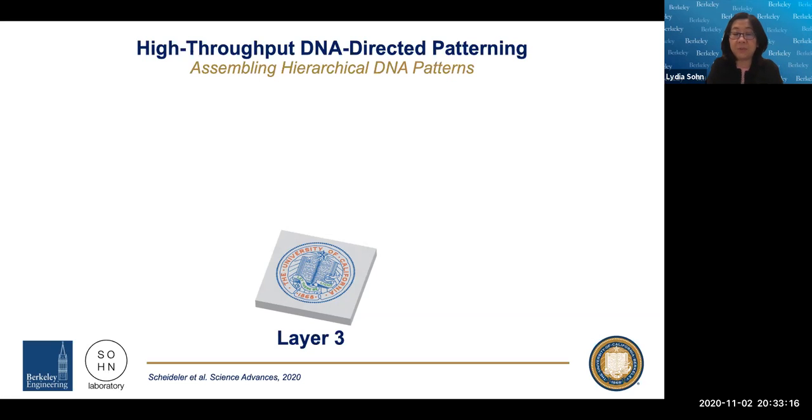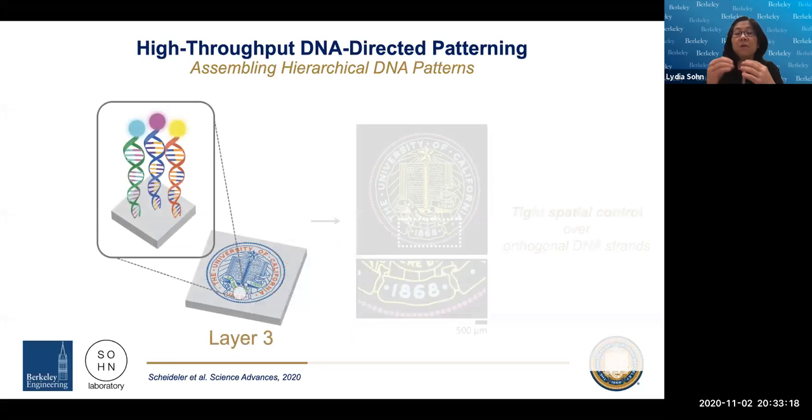And to confirm that you've successfully patterned your substrate, what you see here is what we've done, which is essentially take the complementary oligo strands, each one labeled with a different fluorophore, and perform hybridization.